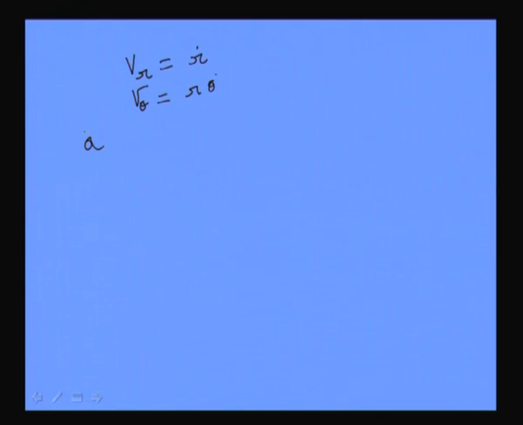Similarly, the acceleration a can be written as r double dot minus r theta dot square er plus r theta double dot plus 2 r dot theta dot e theta. Now we will make use of this equation.